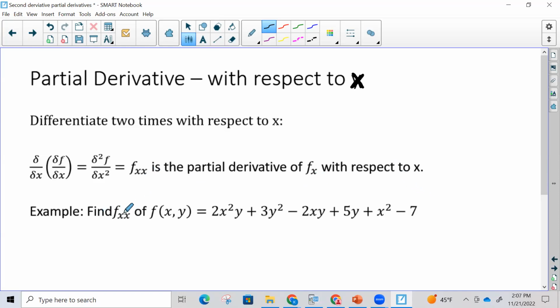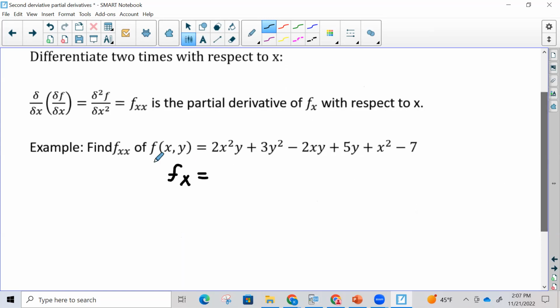So this question asks us to find f of xx of this function. Again, the first thing we do is take the partial with respect to x. Then for the second order partial derivative, we're just going to take the derivative of this again, in this case with respect to x. Remember, y is my constant and x is my variable.